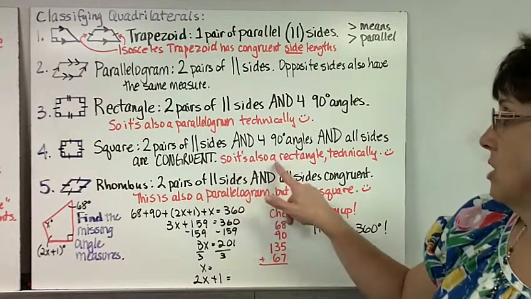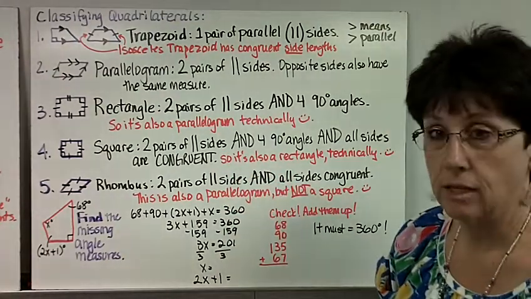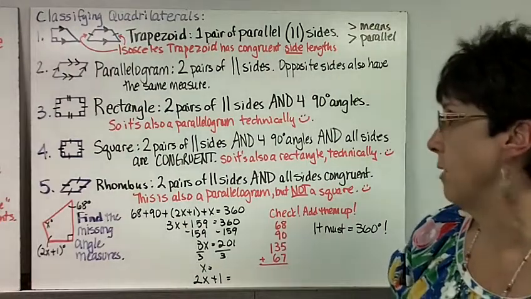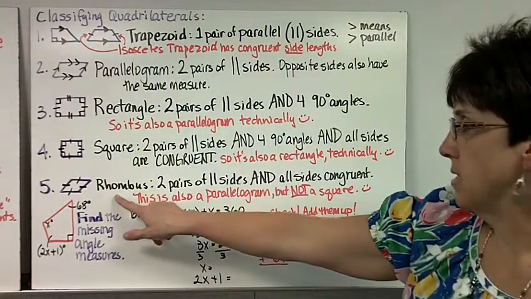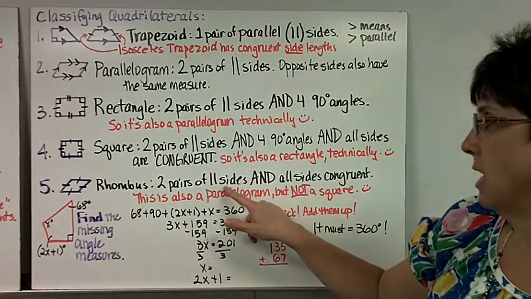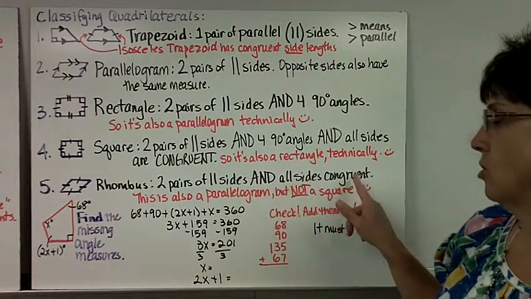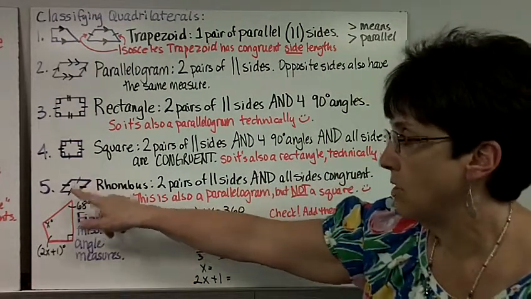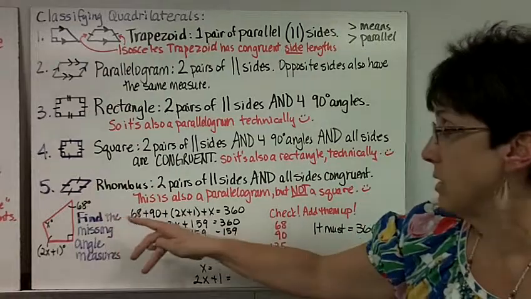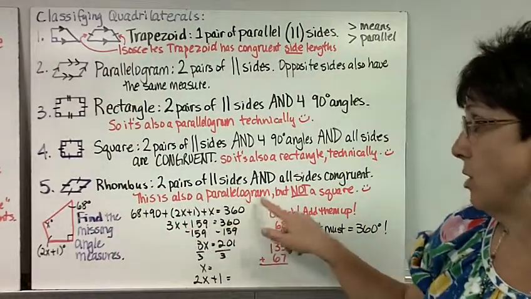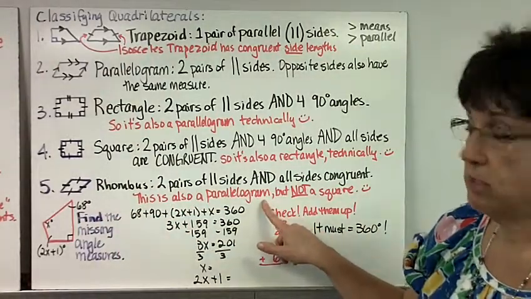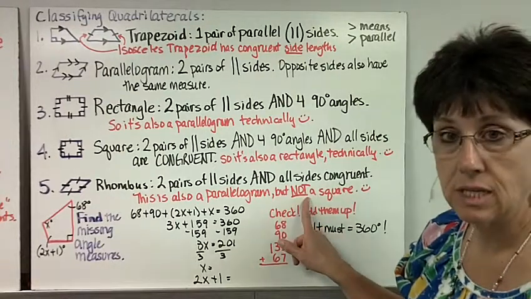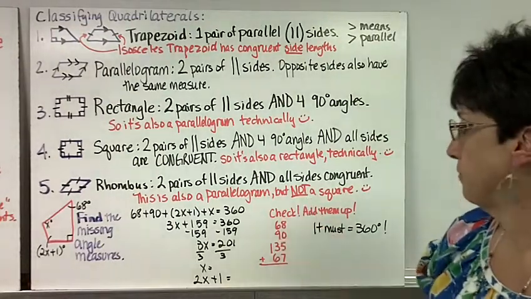So a square is also a rectangle, technically, which means it's also a parallelogram. All right, a rhombus has 2 pairs of parallel sides and all sides are congruent. So our sides are parallel and they're congruent, which means this is a parallelogram, but even though the sides are congruent, it's not a square because it doesn't have the 4 90-degree angles.